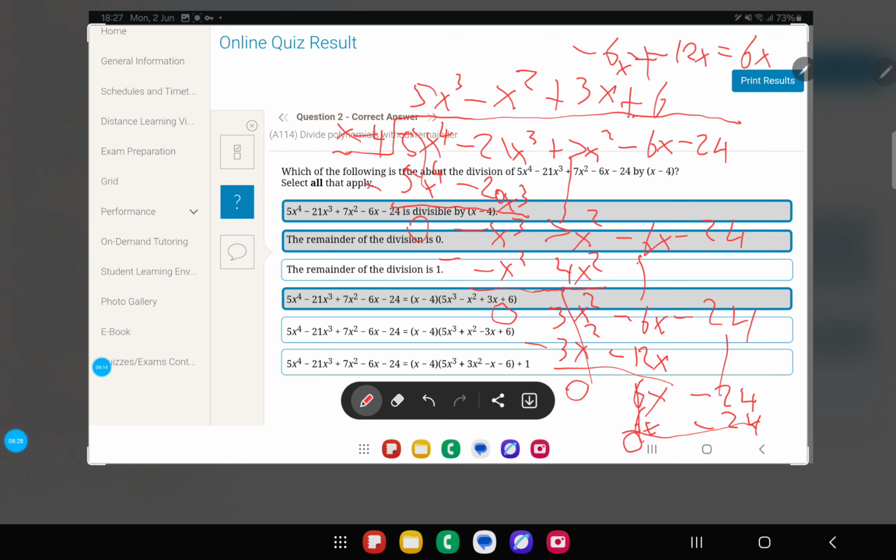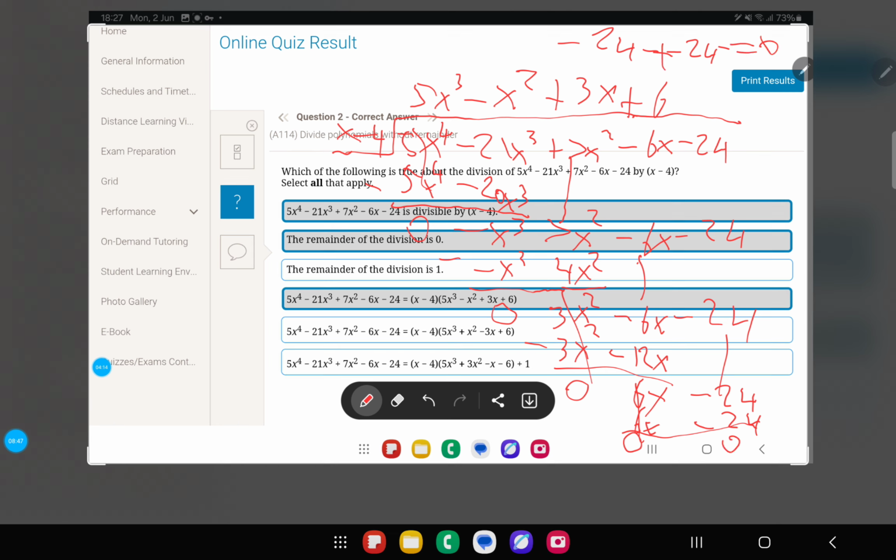And negative 24 minus, let me just erase this. Okay. Negative 24 minus negative 24 becomes plus, so that will be equal to 0.